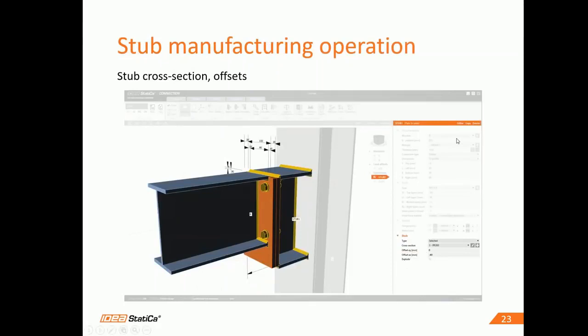Also, we improved the stub manufacturing operation. Now we can easily change the cross-section of the stub itself. And what's really interesting, we can move the stub in two directions, in Y and Z, for example, to align the top surface of the beam.